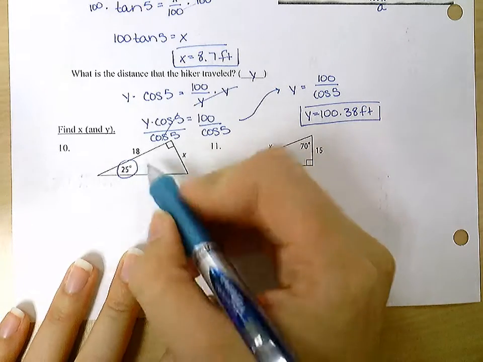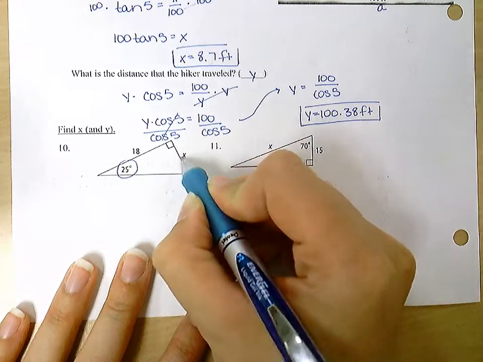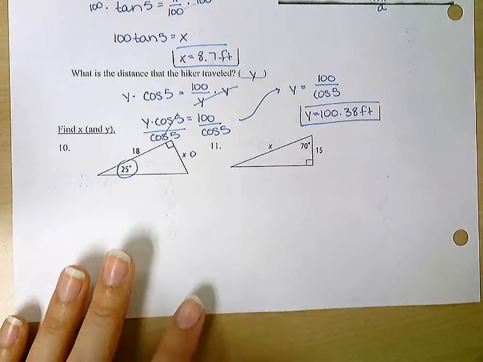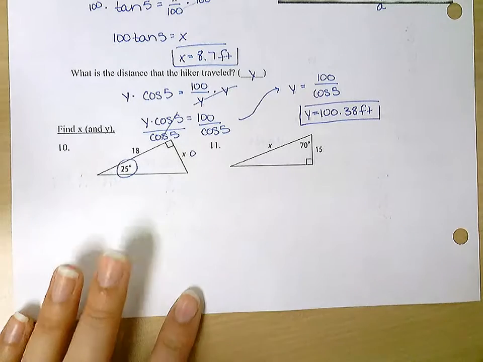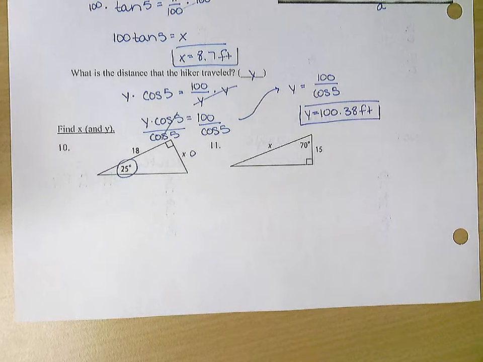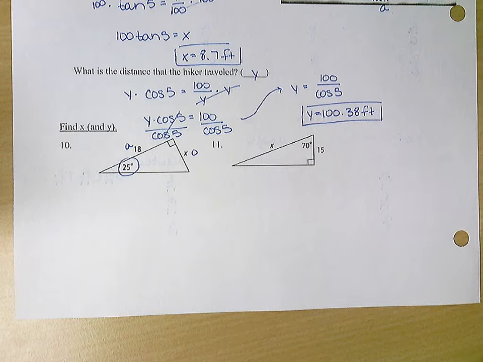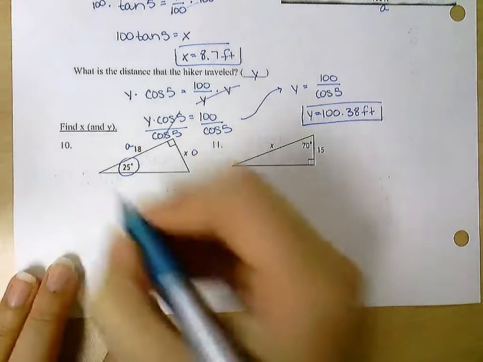From this angle, I have a side across from it. That's O, opposite. I also have this side next to it. Now I have to make sure I'm identifying it as either adjacent or hypotenuse. Which one is it? Adjacent. It is adjacent. So I have O and A. That means I need to use tangent.